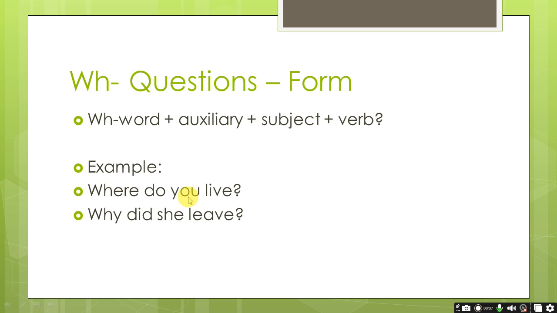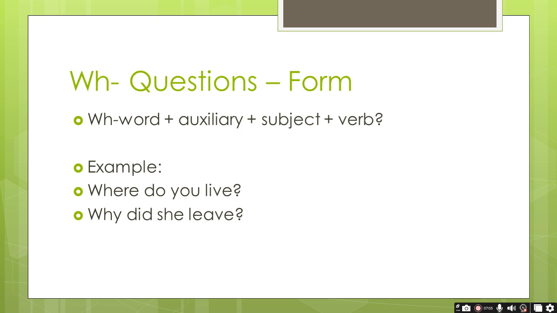Then you continue with the subject which is you and the main verb which is live. And the question is, where do you live? So this is a WH question. Why? Because it starts with WH. Where do you live? The answer here, you're going to tell the person who is asking you this question the place where you live.